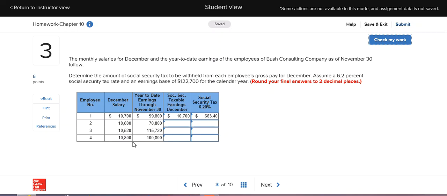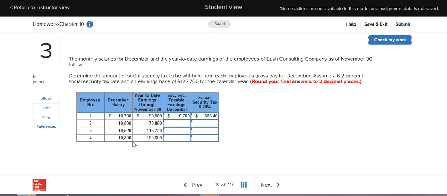So let's do it this way because I think it's easier. Let's take the earnings base of $122,700, which is the total amount that's taxable, and subtract the $115,720 because they've already been taxed on that.